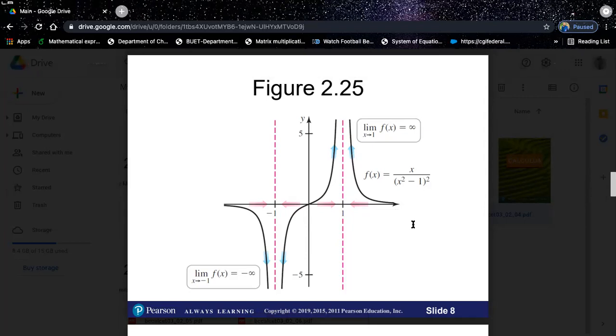So it will ask you like this: find the limit of this function when x tends to 1. Or it will say, what will happen to the limit of this function? Or what will be the limit of this function when x approaches -1? The question will look like this.